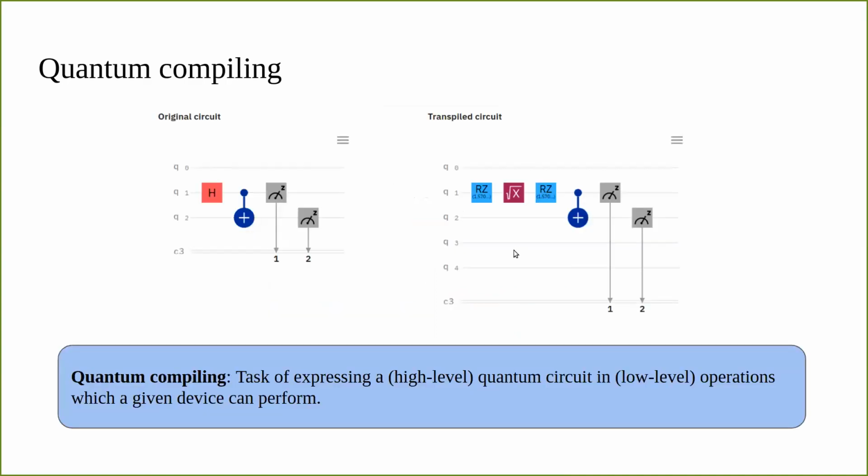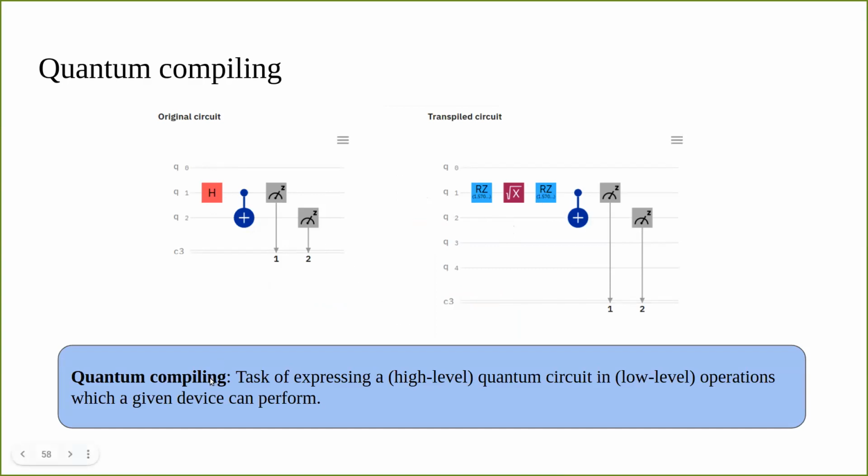So what happened under the hood was that it took the Hadamard gate, here's the circuit, and it compiled it, meaning that it translated that gate into a sequence of operations that the computer can actually implement. This is a simple example, but an insightful one, and this is the main idea of quantum compiling.